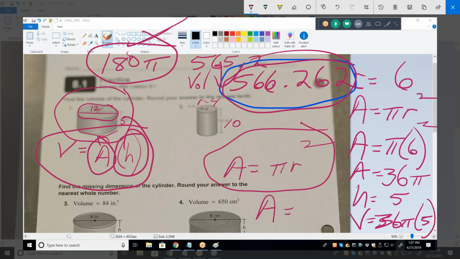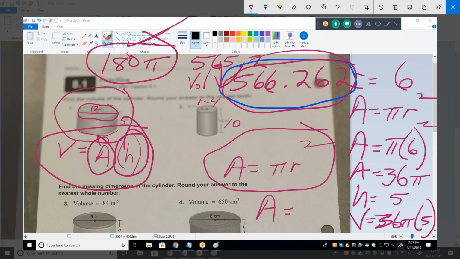Tell me what that number is. 566.262. Good. Now round it to the nearest tenth. Oh gosh. Well, I'm confused on how to round. I haven't done it in a while.